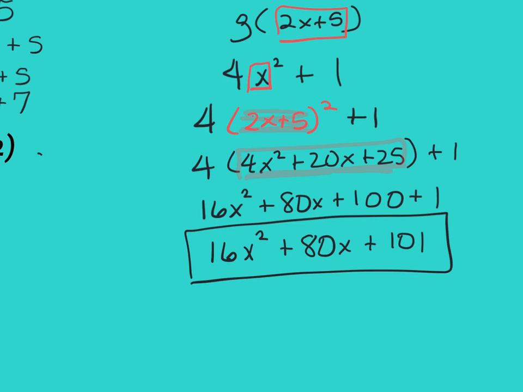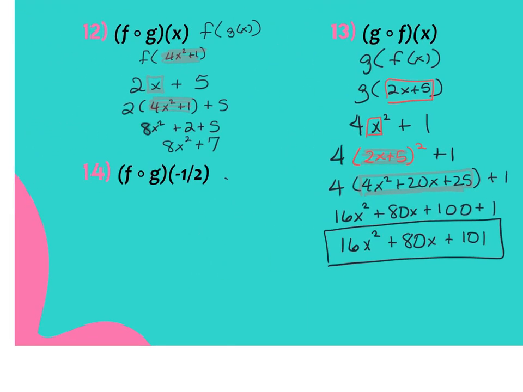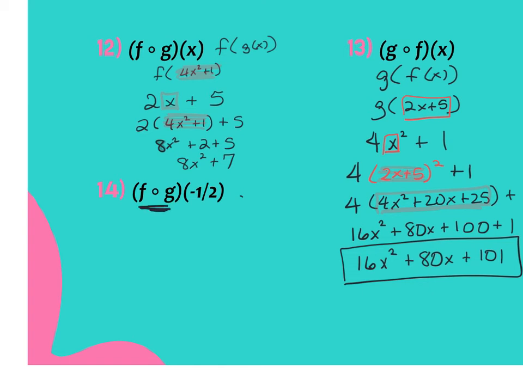For number 14, we're going to take the answer we got from number 12 and just plug in -1/2. So we already simplified the f of g. So let me take that. And now I'm going to replace x with -1/2.